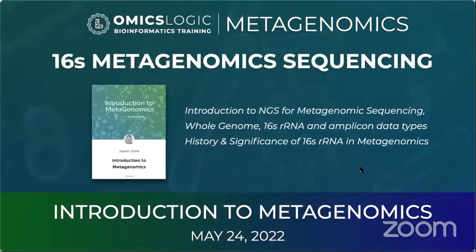We start with an introduction to next generation sequencing for metagenomic sequencing, which could include whole genome sequencing, and also 16S rRNA sequencing and amplicon data types. We first start with an overview of the tools and resources necessary for this program.